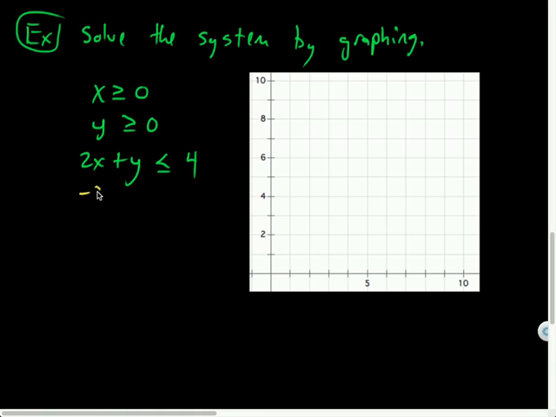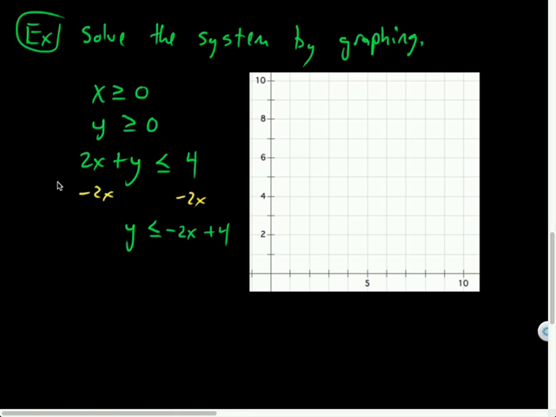I'm going to put all of these in a form that I can graph. So I'll have y is... Oh wait, do I have to flip this inequality sign? No. Subtracting something is fine. It's multiplying or dividing by a negative that's when I have to flip it. So I've got 3 equations.